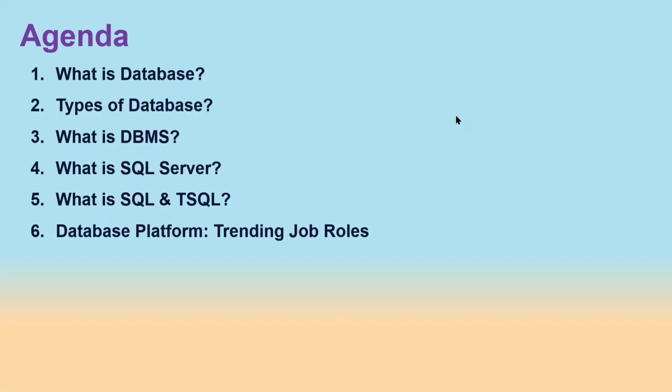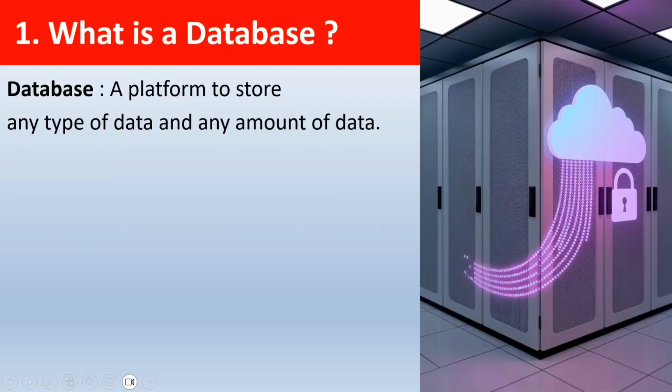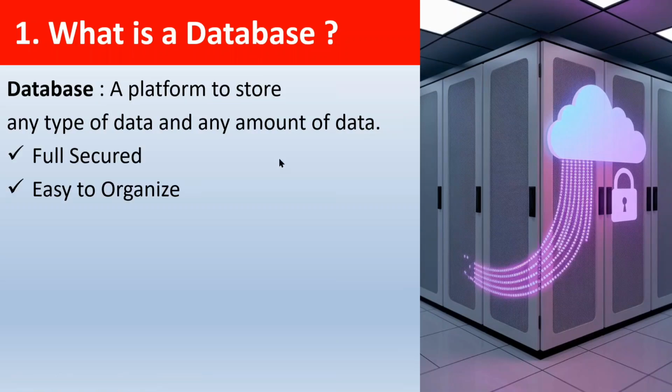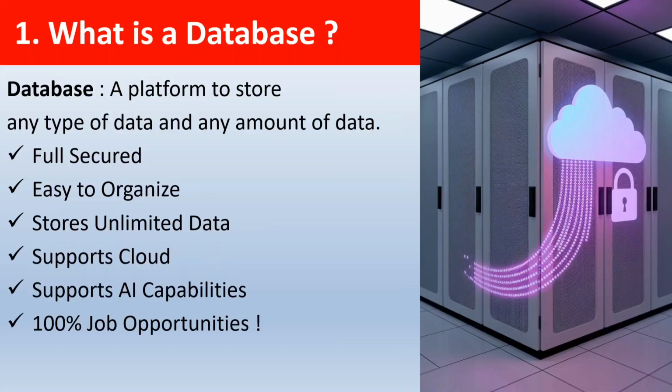Number one, let's make it clear. Database is a platform to store any type of data, any amount of data. So database is a big storeroom, as simple as that. Fully secured, easy to organize, stores unlimited data, no limit on the amount of data, and supports cloud and AI.